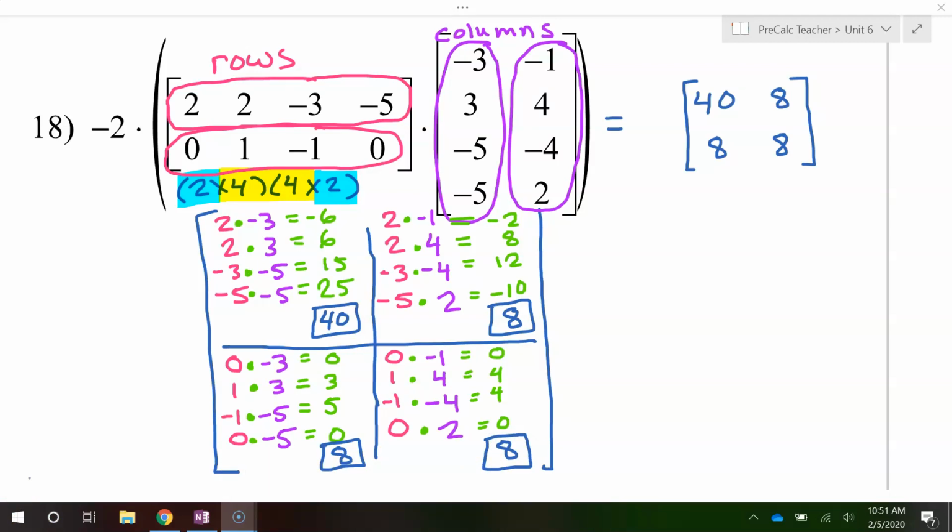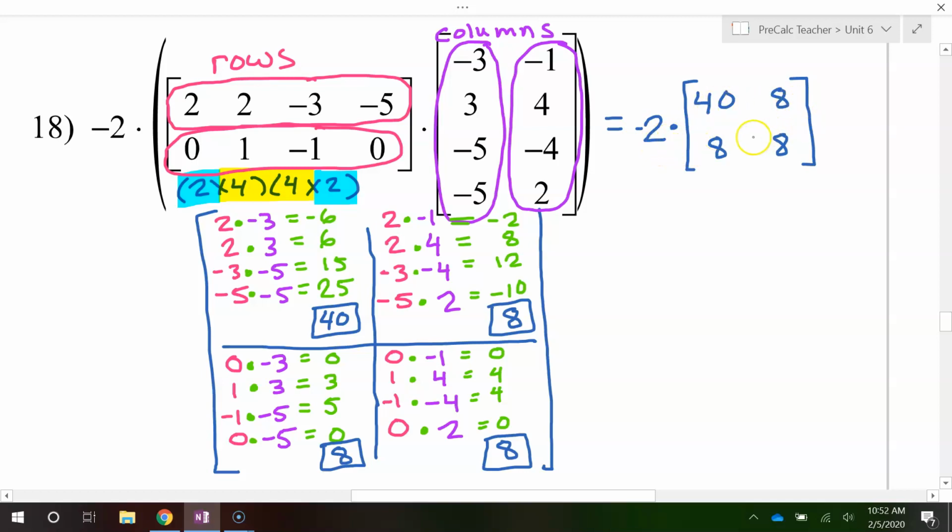So when we multiply these two matrices together, we got this little 2 by 2 matrix shown here. But we still need to multiply by -2. And this is called a scalar multiple. When you have a number that you're multiplying by a matrix, the number is called a scalar.